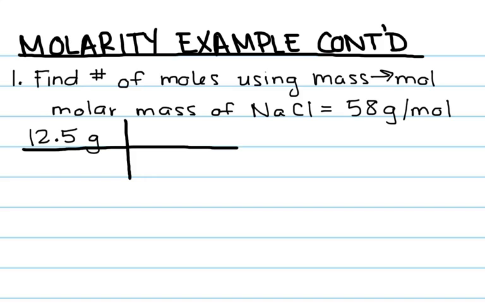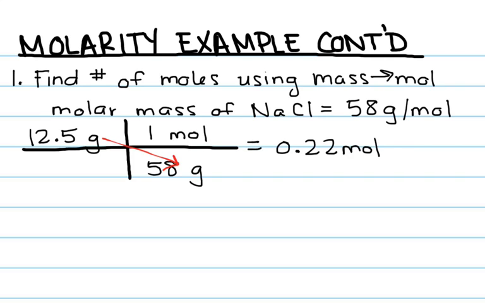We're going to put 58 grams down there because remember these two units, grams, need to match. And then 1 mole goes up there because mole is what we're trying to find. If you do that calculation, multiply across and divide down, you get 0.22 moles of NaCl.